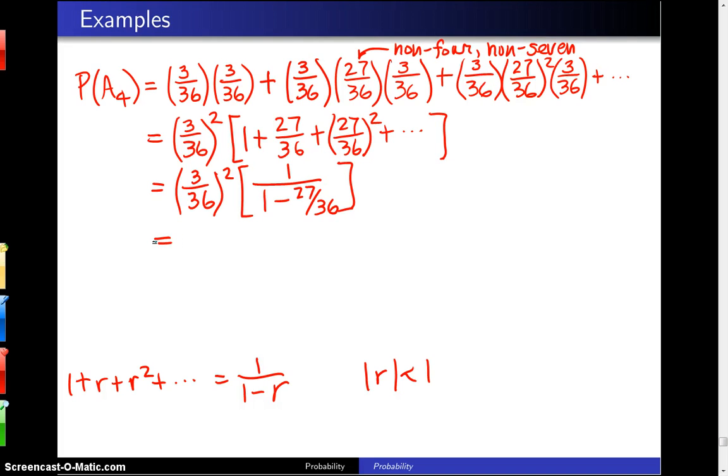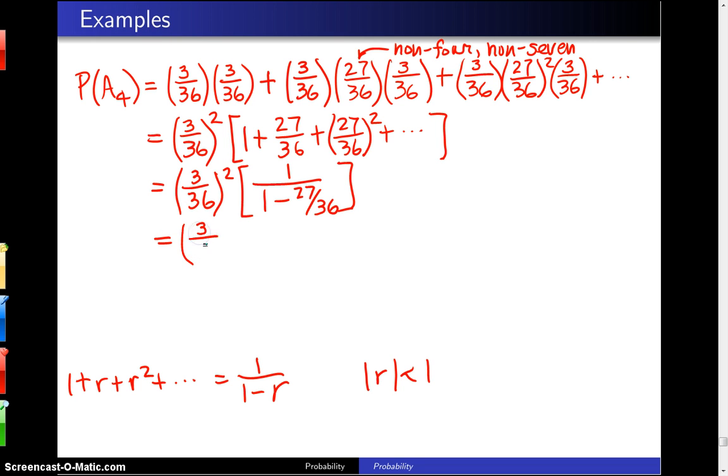Now, this reduces, of course, to 1 minus 27/36 is going to be 9/36 down in the denominator. So that's 36 ninths, or 4.